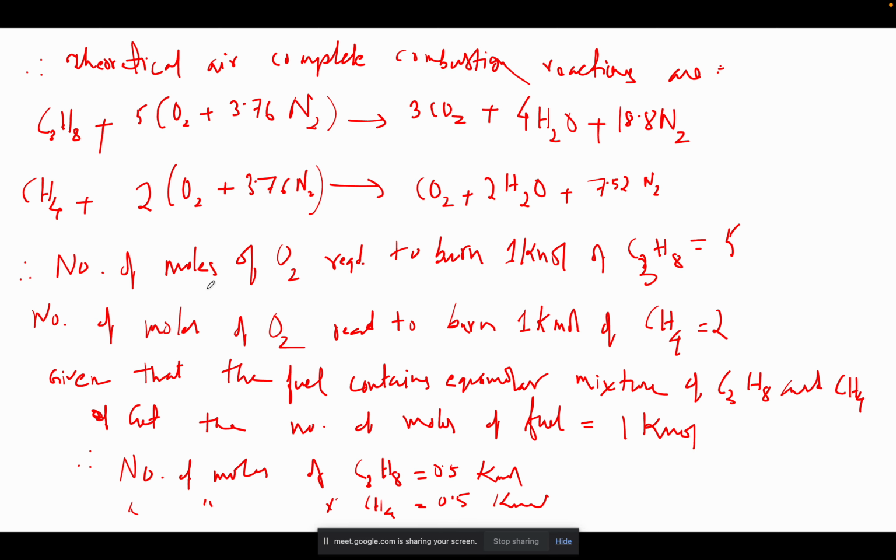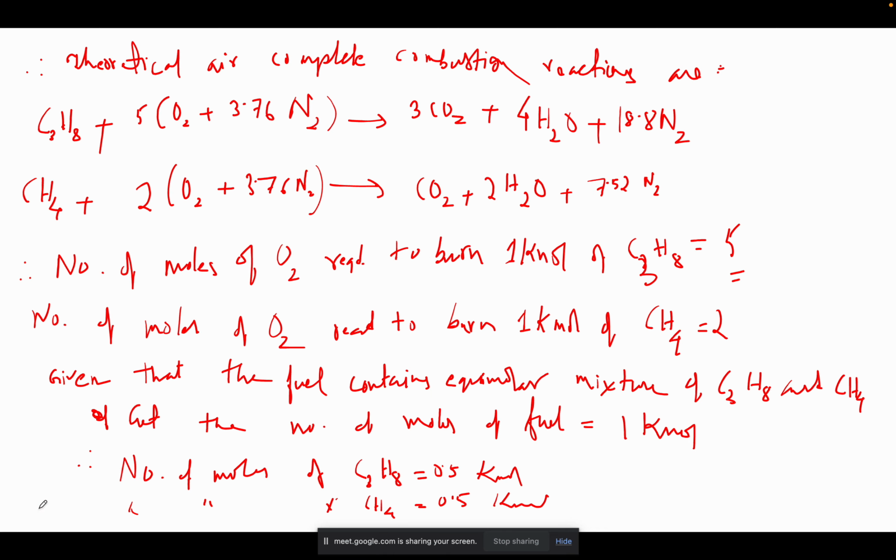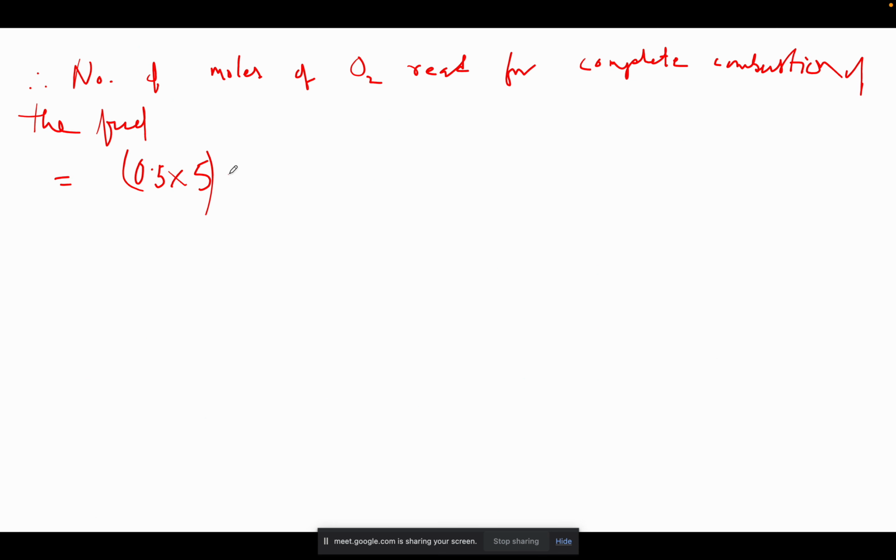For 1 mole of propane, 5 moles of oxygen is required, and we have 0.5 kilomole present here, so it will be 0.5 into 5. Similarly, for 1 kilomole of methane you require 2 kilomoles of oxygen, so this is 0.5 moles present into 2.